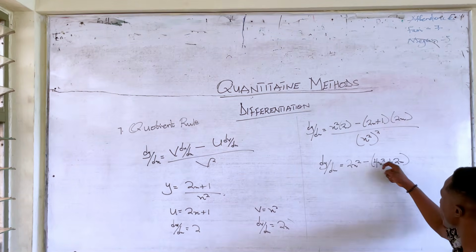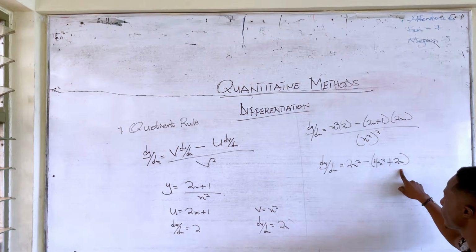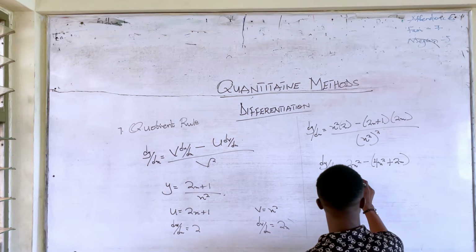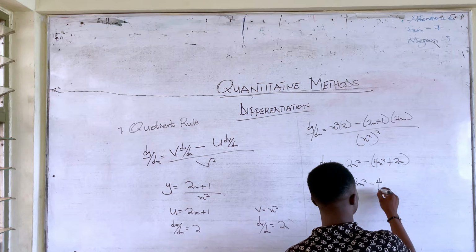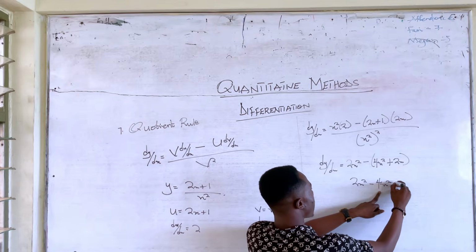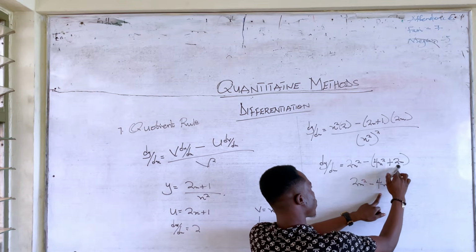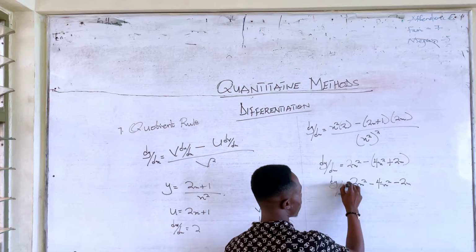So you bring the bracket to indicate that the negative is affecting this and that. Now let's expand it to get 2x squared minus 4x squared minus 2x, so that is our dy/dx.